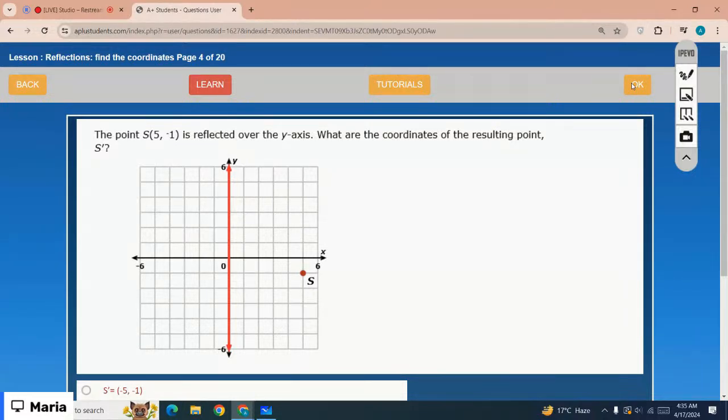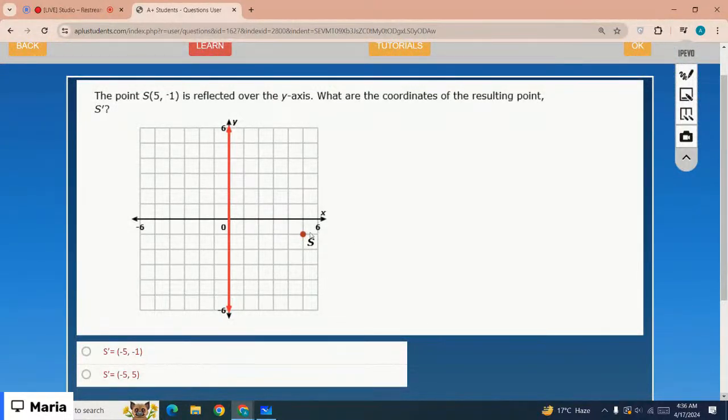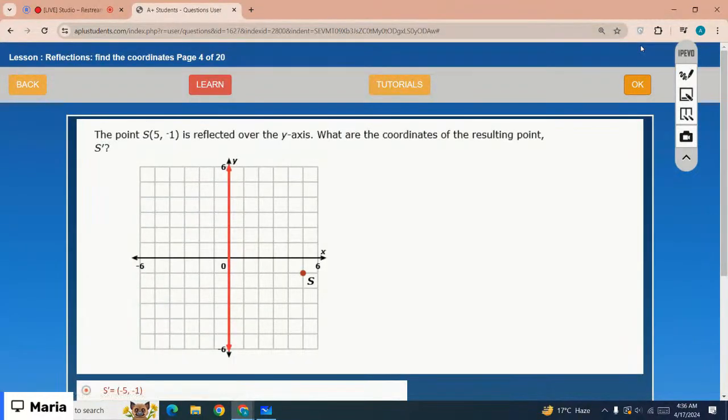What are the coordinates of the resulting point? So which is the correct option? The correct option is negative 5 and negative 1, right? Option number 1 is the correct option.